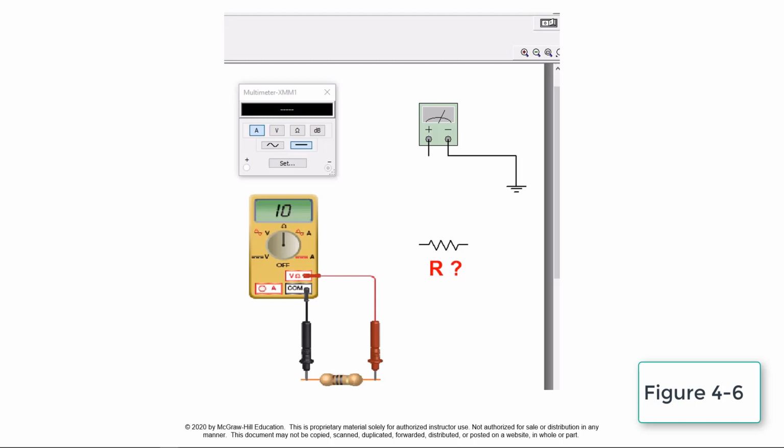Before taking a resistance reading, the multimeter is first set for the resistance measurement function and then connected across the component. Turning on the simulation indicates a resistance reading of 5 ohms.